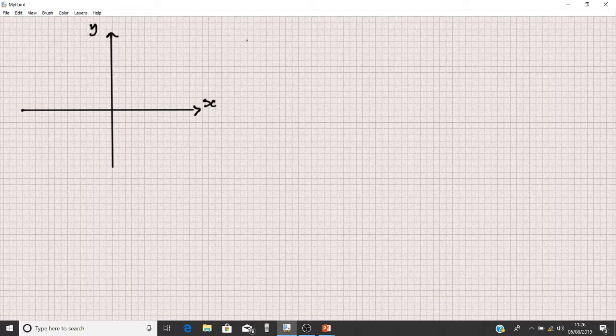Now the two lines we need to show are y equals 2x minus 1 and the second line we'll be looking at is y equals negative x plus 2.